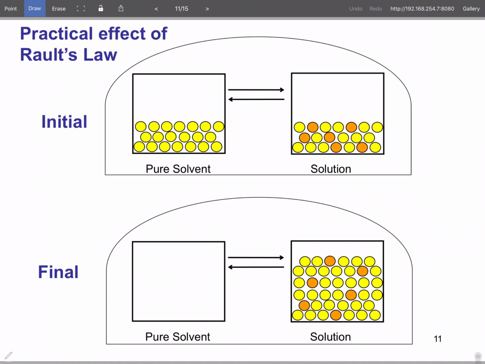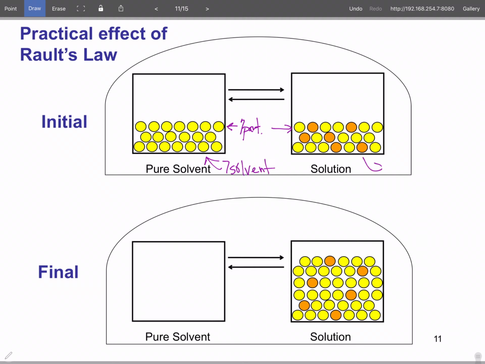It operates on vapor pressure lowering, and how this works is in a pure solvent, you can only evaporate from the top layer. So up here we have 1, 2, 3, 4, 5, 6, 7. We have 7 particles. Okay, we have 7 on this side as well, but on this side, all 7 are solvent.